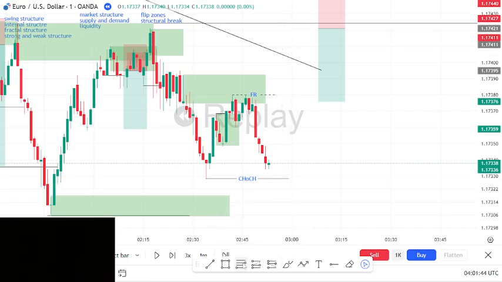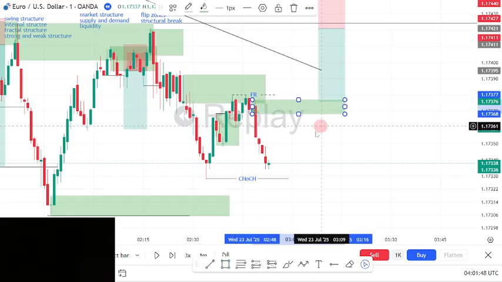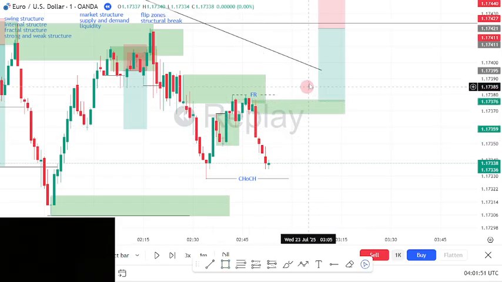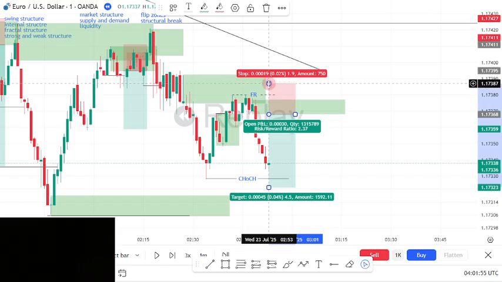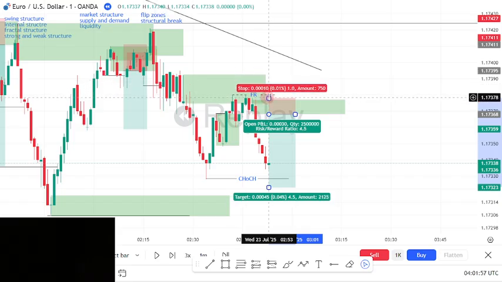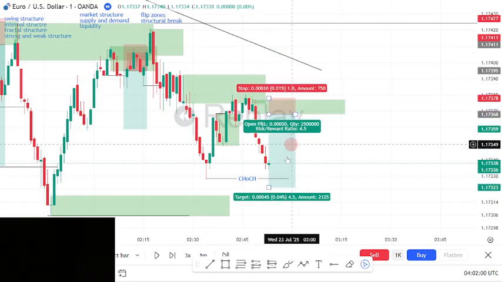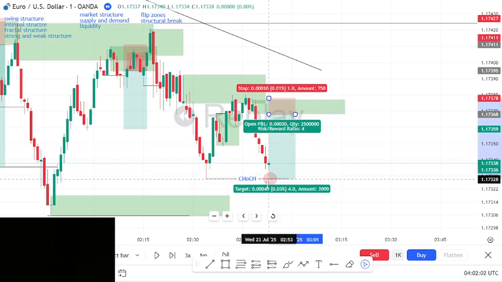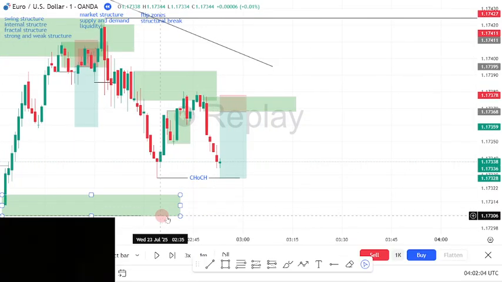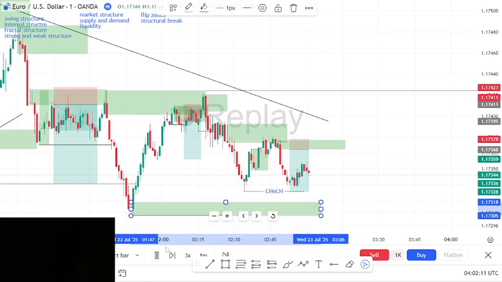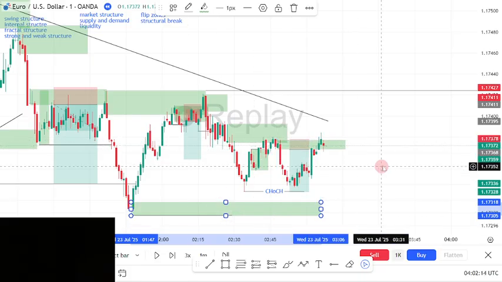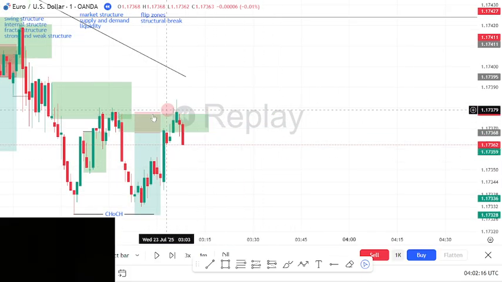We have flip zones within this. So here's a big structure that I'm trading towards, the big structure that I'm trading towards.